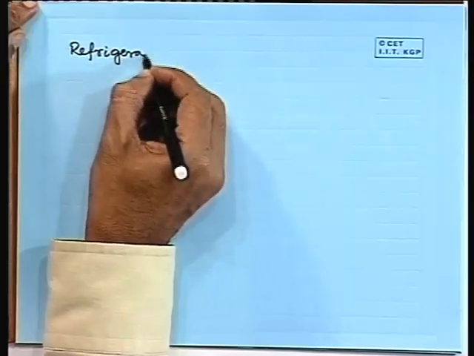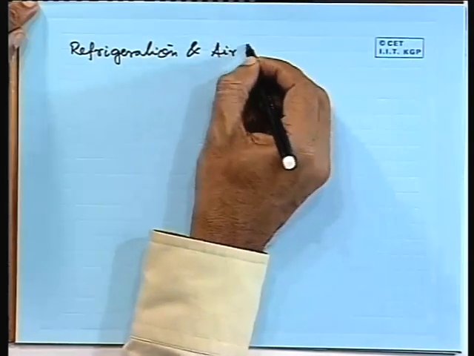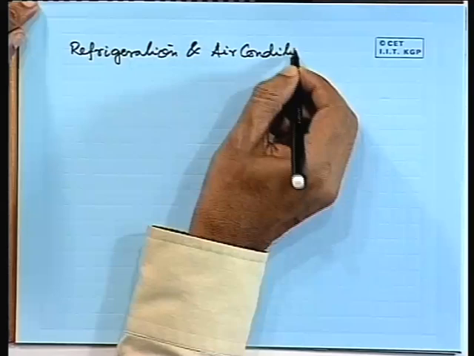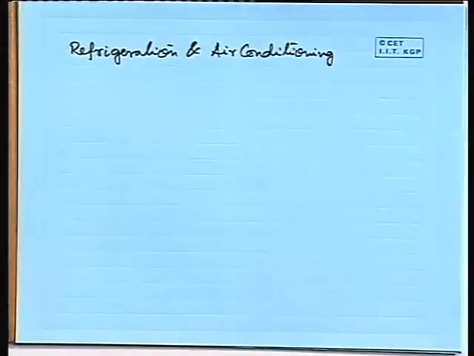So, I think that is the end of our discussion for fluid mechanics. Still we have got some time, so let us start our refrigeration and air conditioning. Refrigeration, that is creation of low temperature or creation of cooling effect.